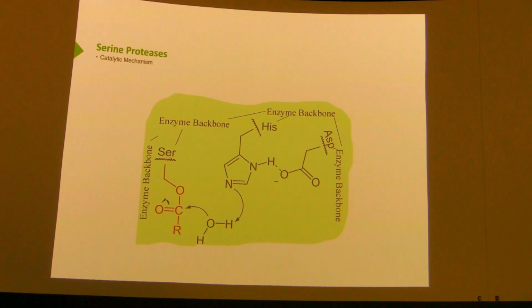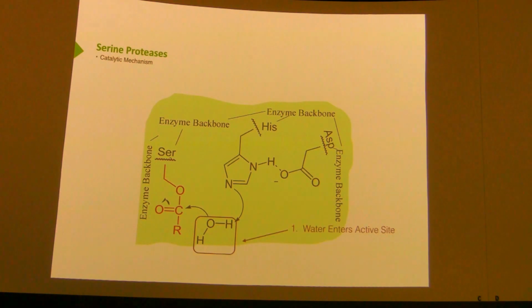So the histidine grabs one of water's protons and creates an activated hydroxyl intermediate. And that activated hydroxyl intermediate acts very much like that alkoxide ion that we had. It makes a nucleophilic attack on that same carbon, and the result of that action is going to release it. This step is slow.